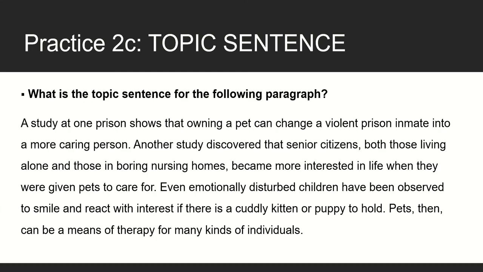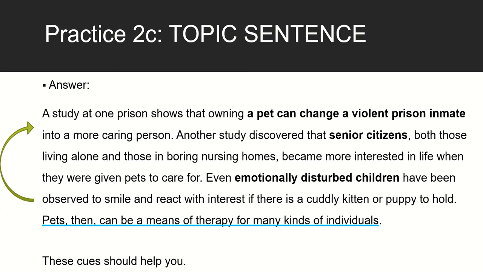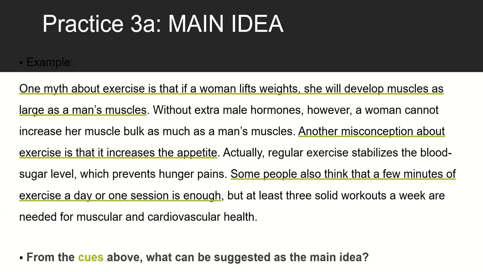The next one. Which one is the topic sentence? Pause and try to identify. The answer is the last sentence: pets can be a means of therapy for many kinds of individuals.